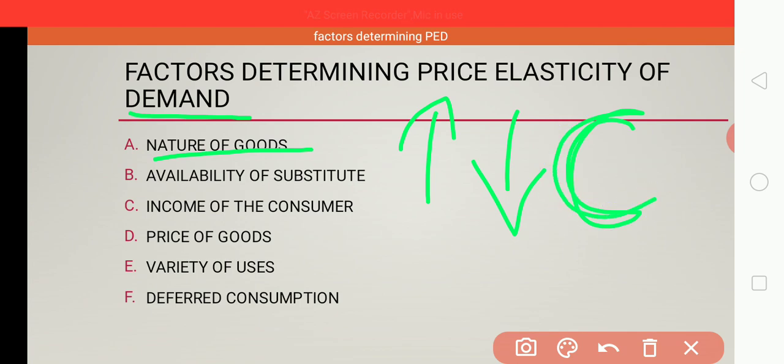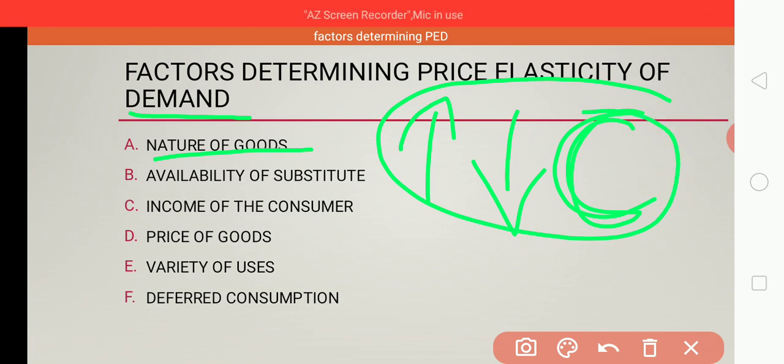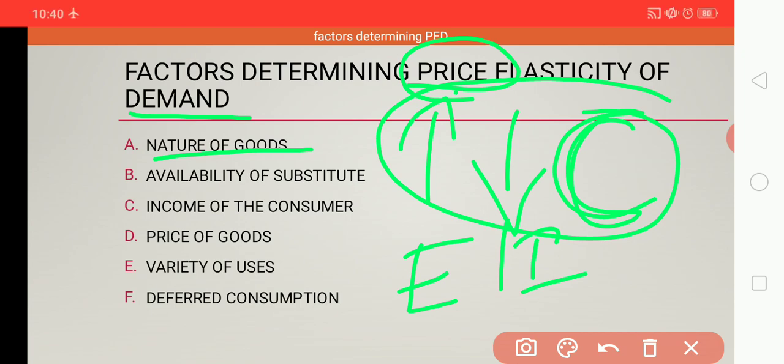All the changes are taking place only because of the price. This you have to remember: how the price is changing, the demand is responding towards that. Whether it is elastic or inelastic, we have to find out. That is what the topic is all about.